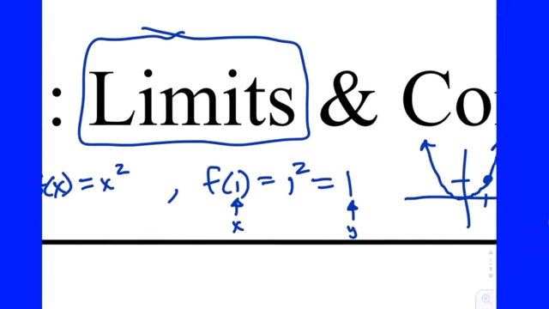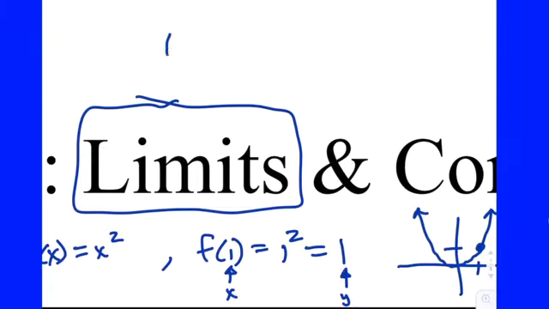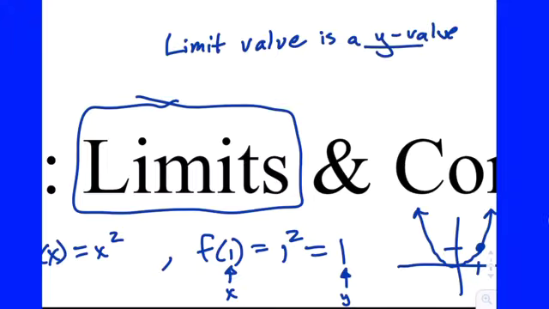What we're going to learn today is something called the limit value. And I want you to know in the very beginning that the limit value is also a y value, just like the function value. It is a y value, but it is the y value that we approach.